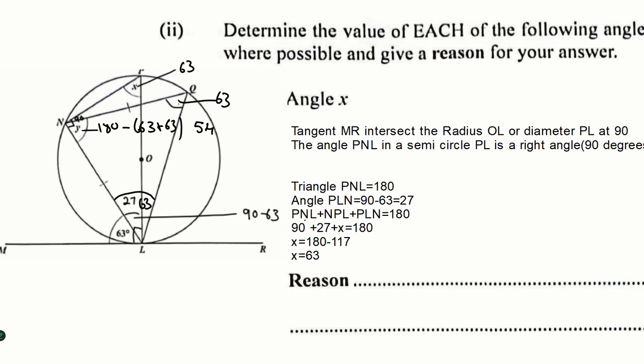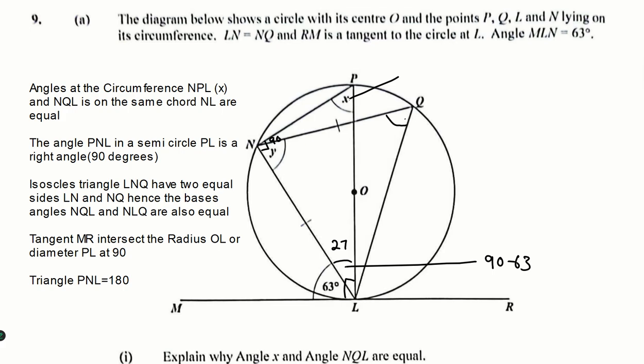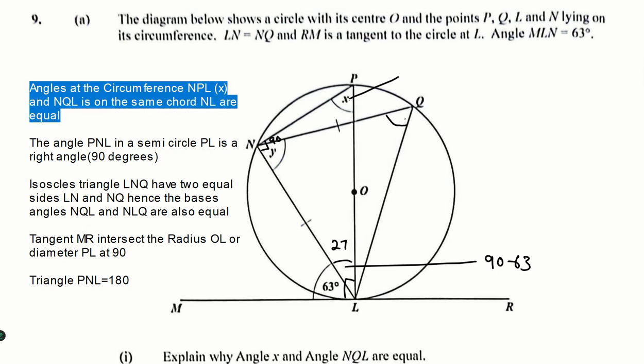So the first thing you're going to have to put is your reasoning for angle Y: the angles at the circumference of the circle are equal.